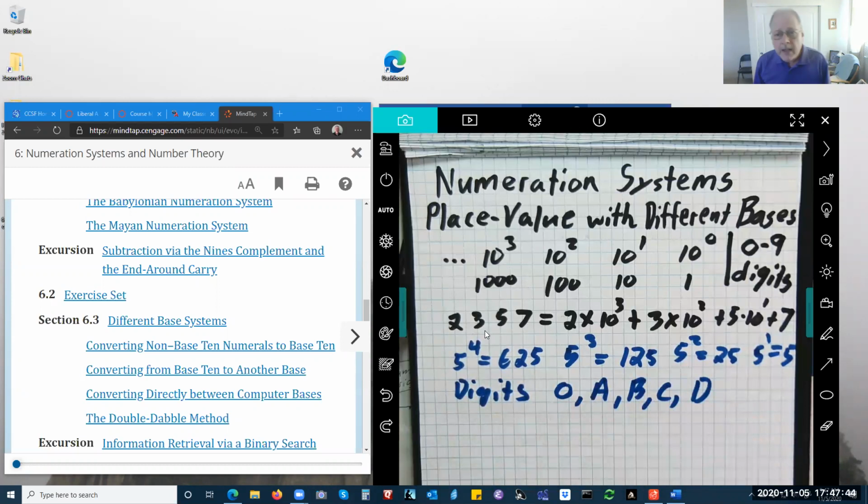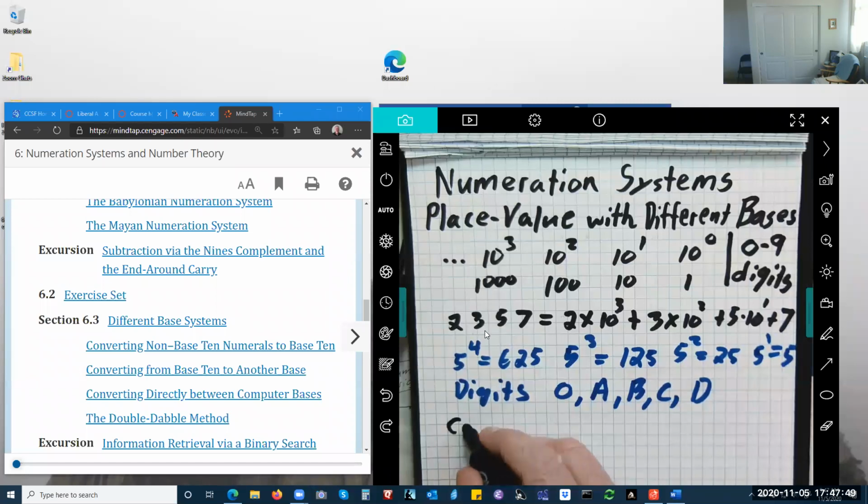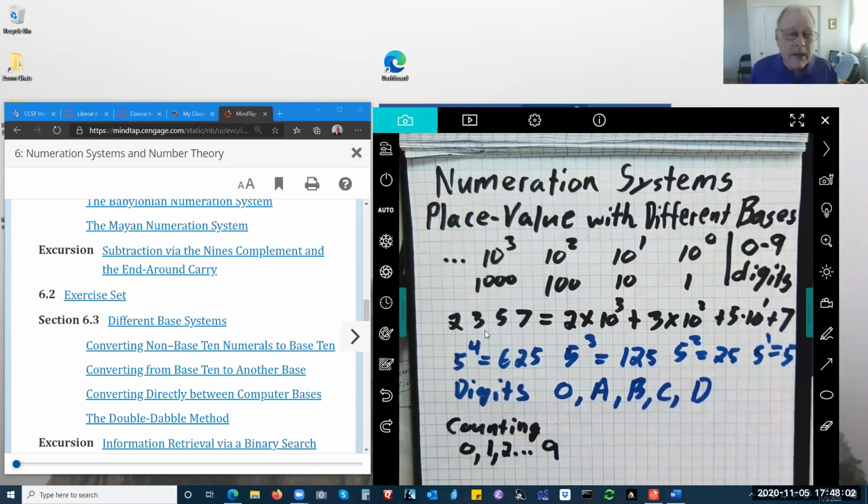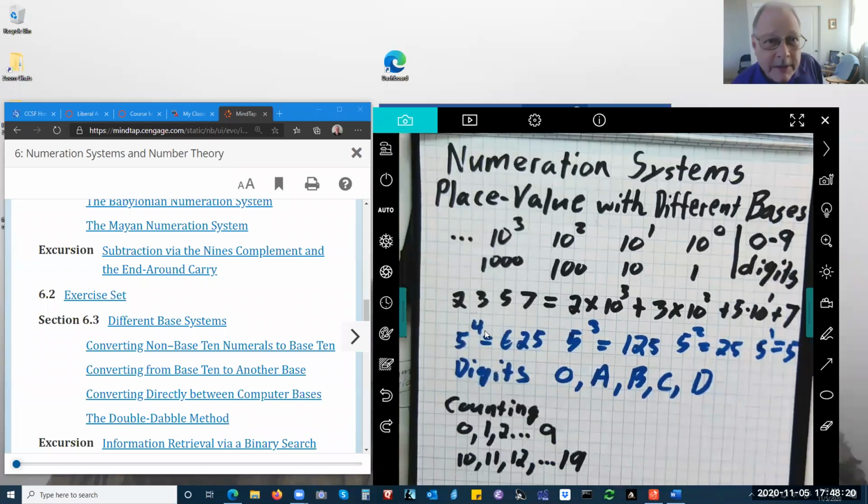Now, how do you count? Well, you count up to 9 in base 10, and then you run out of symbols, so you start a new column. You get up to 19, and you've run out of symbols.